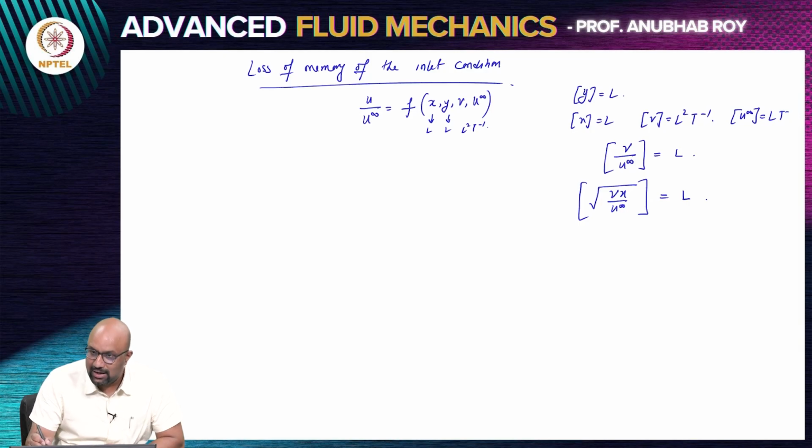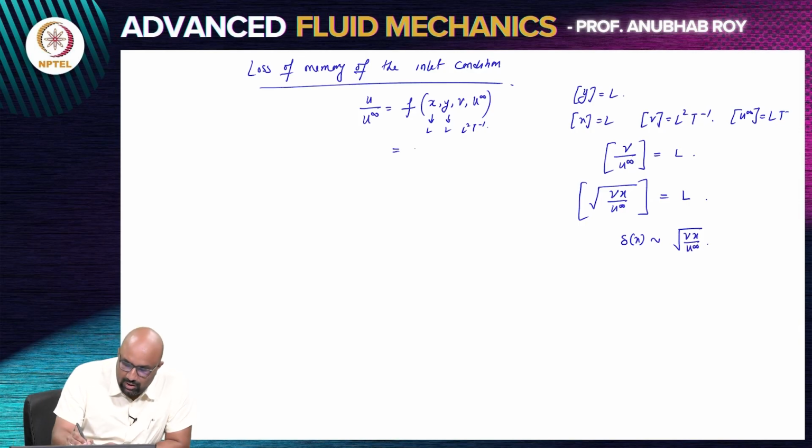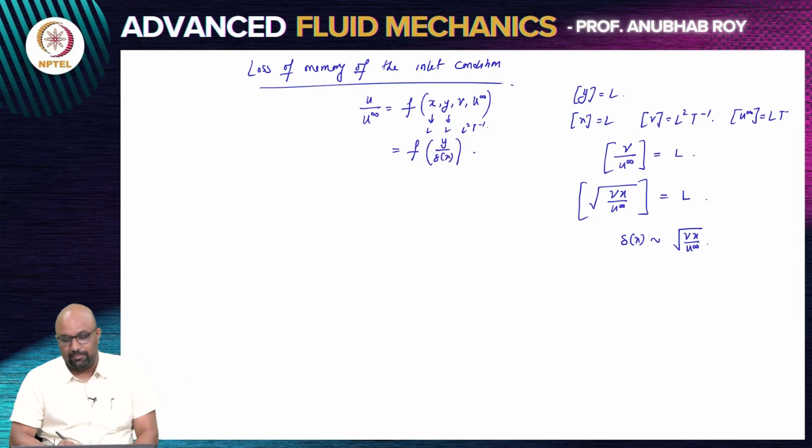So I can now say that there is a length scale in the problem, which if I write as square root nu x by u infinity, can be used to non-dimensionalize my problem.